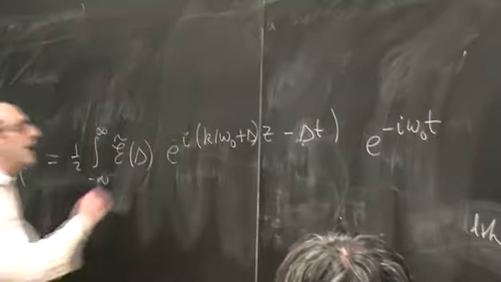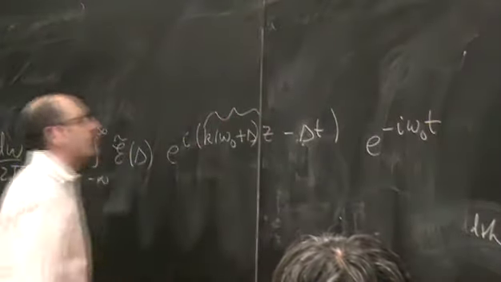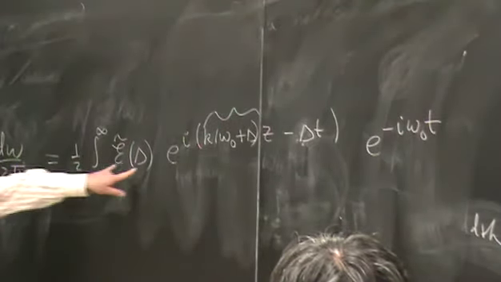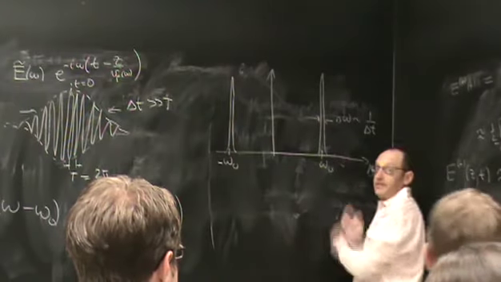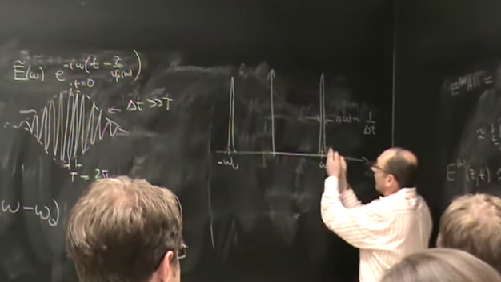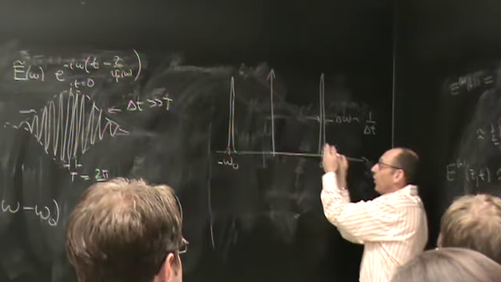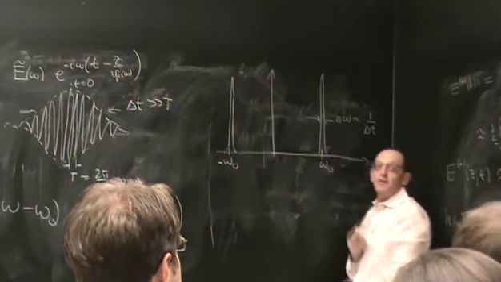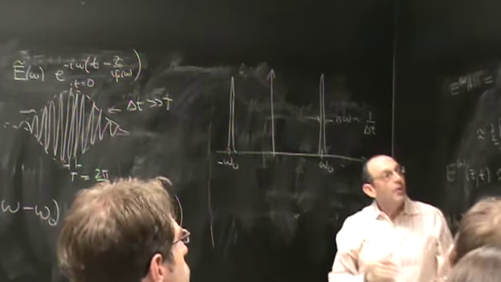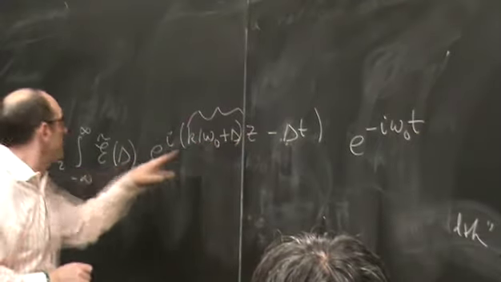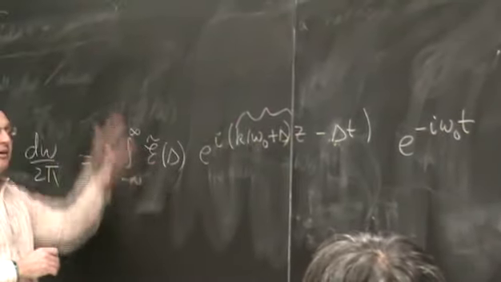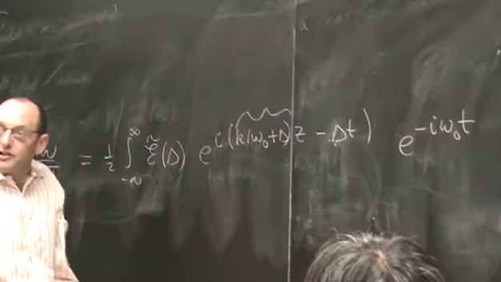Now we make an important approximation. This function has narrow support. We're integrating over all delta, but it only has its support for delta close to 0. So we can look at this function only near where delta is 0, because it is peaked only near delta equals 0 and then falls off extremely rapidly.